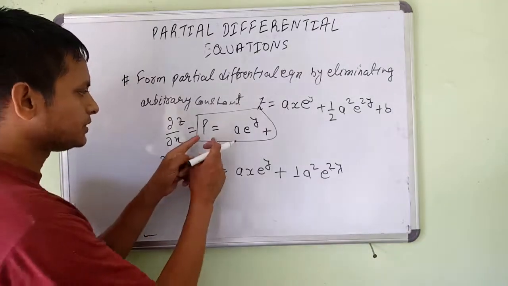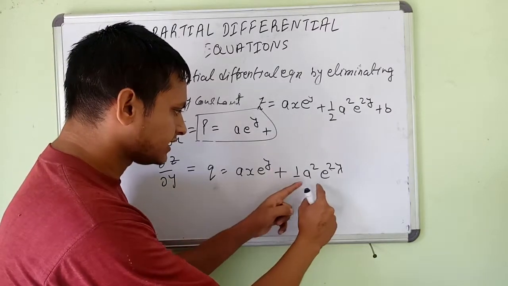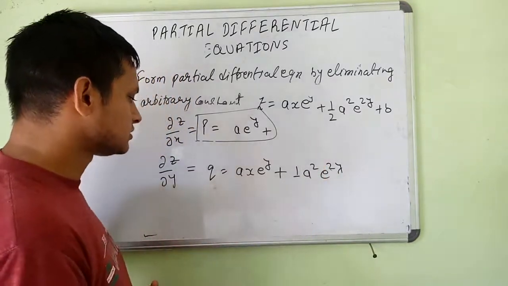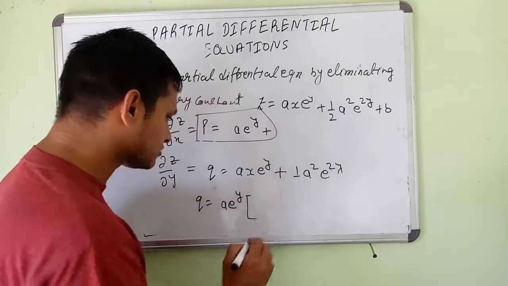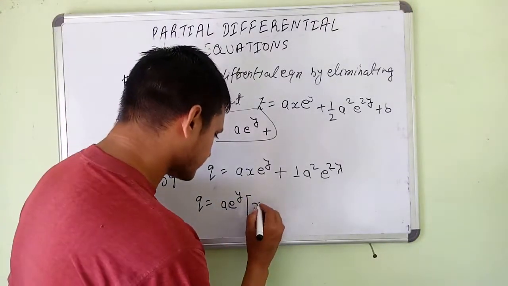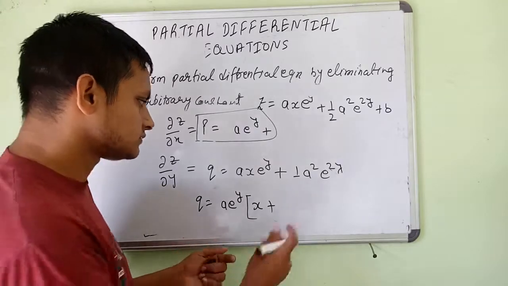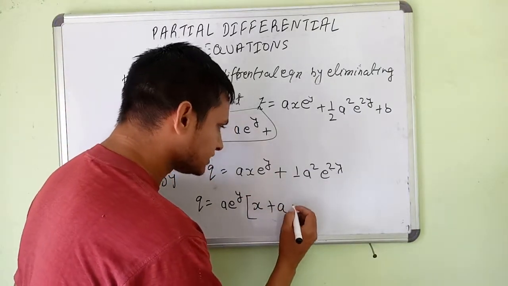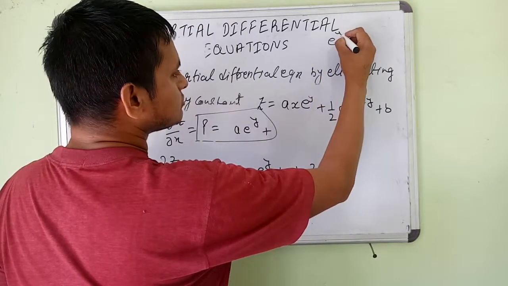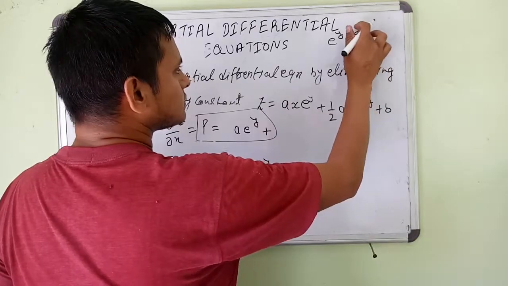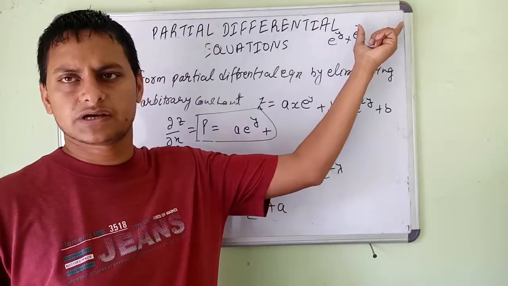If we put p = a e^y, and take a e^y common from both terms, then q = a e^y common, times (x + a e^y). Now e^(2y) can be written as e^y multiplied by e^y, since the base is common, so powers add: y + y is 2y.